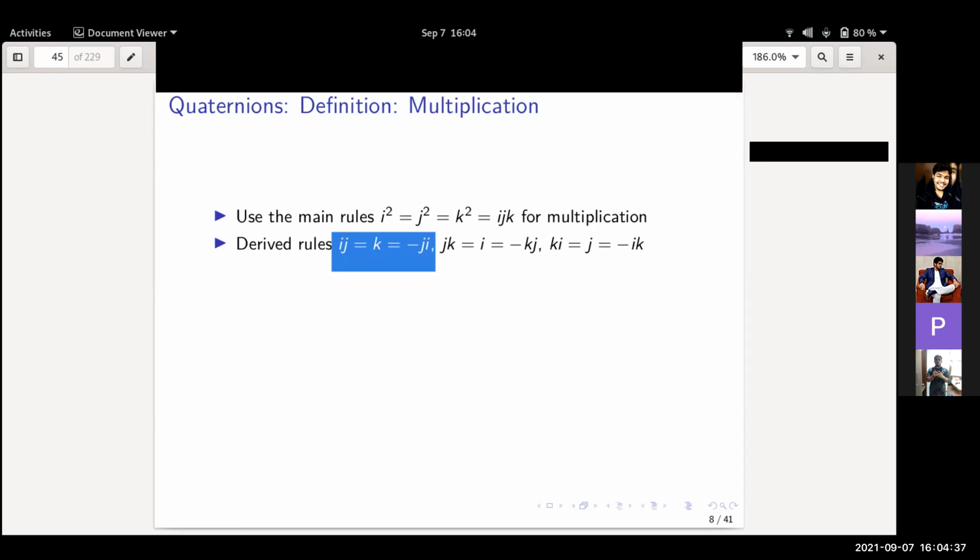Sir, minus we are bringing to the front, so we are also assuming it is commutative. No, commutative we are not doing. -1 was at the end, right? k square is minus, which is at the end, so we are bringing it to the front. So there is a mixture of operations now.